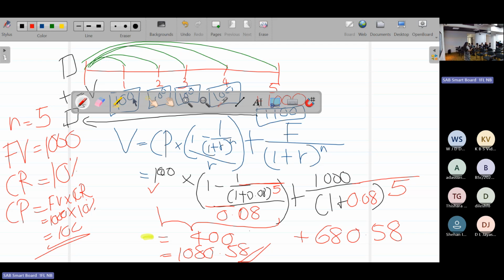Do the same question if the bond is having the coupon payment on a semi-annual basis. Semi-annual means for 1 year we are getting interest 2 times.